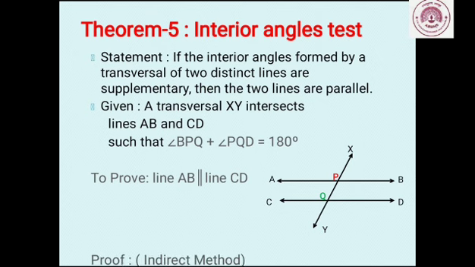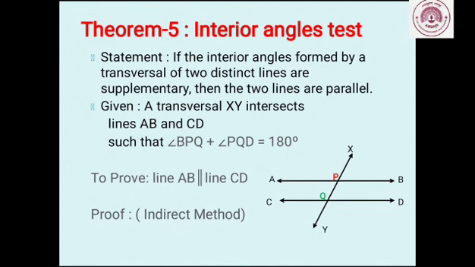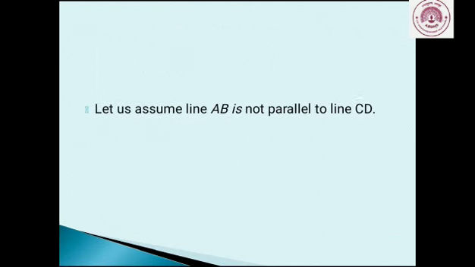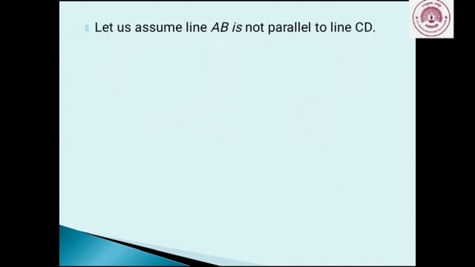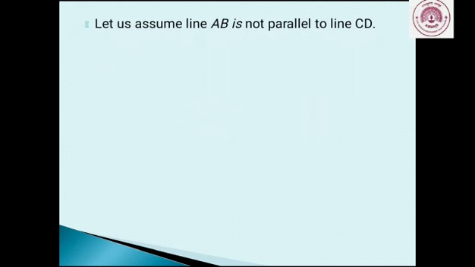Here we will prove the theorem by the indirect method. So we will assume the negation of the statement we want to prove. Let us assume line AB is not parallel to line CD.